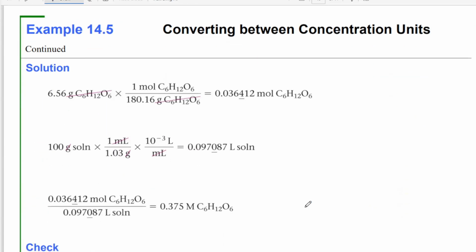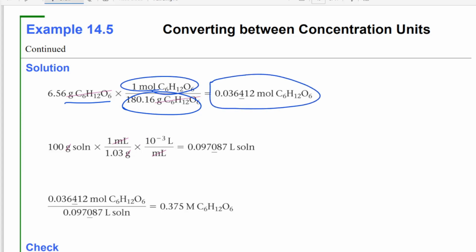Alright, so here's how this problem is worked. First, we convert the grams of the solute with the molecular weight to moles of the solute, and we get 0.036412 moles of glucose.